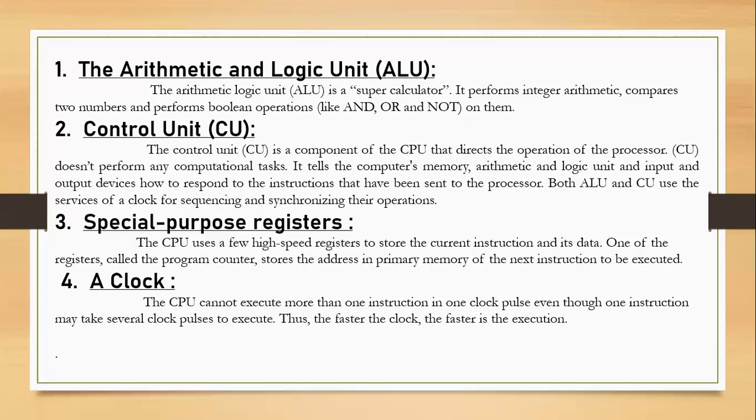It stores the address in primary memory of the next instruction to be executed, in advance. There are other special purpose registers. One of the special purpose registers mentioned here is the program counter. Apart from the program counter, there are also other special purpose registers available.